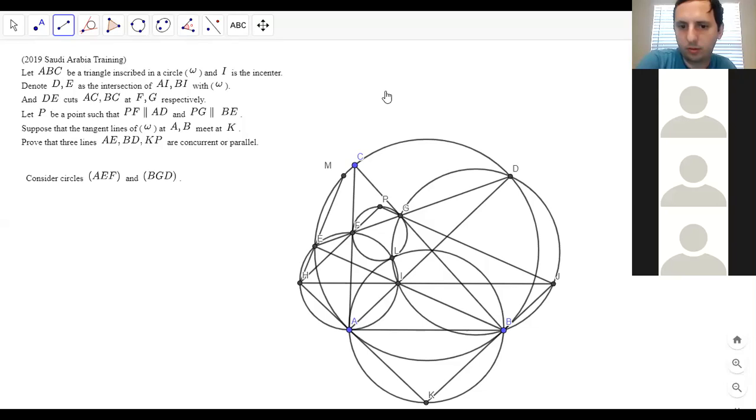First, did we even prove that AIFE is cyclic?